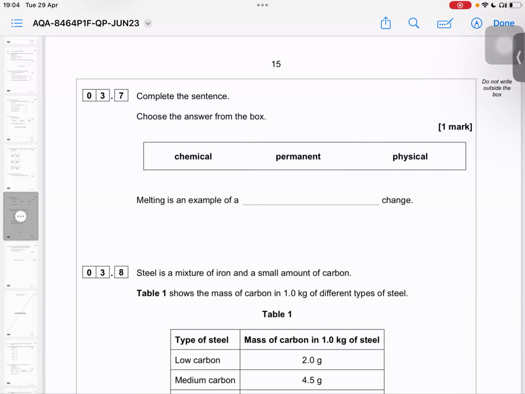Just think of a chemical change as a change that cannot be reversed. All the chemical reactions that we've seen so far, most of them are irreversible. So melting is an example of a physical change because it can be reversed. Does the marking scheme agree on that?